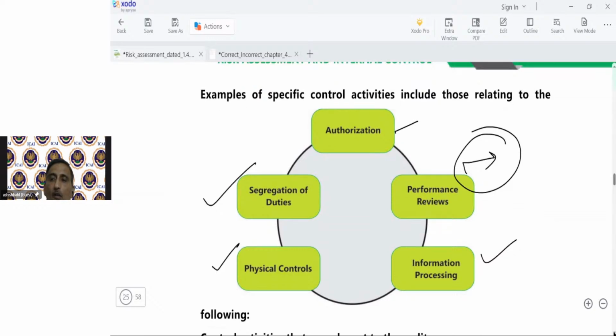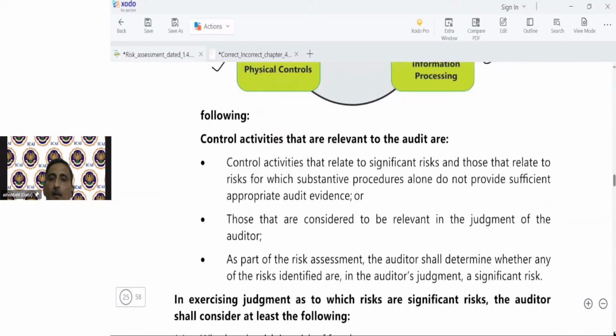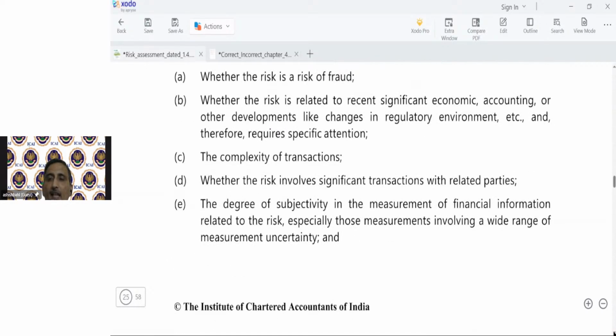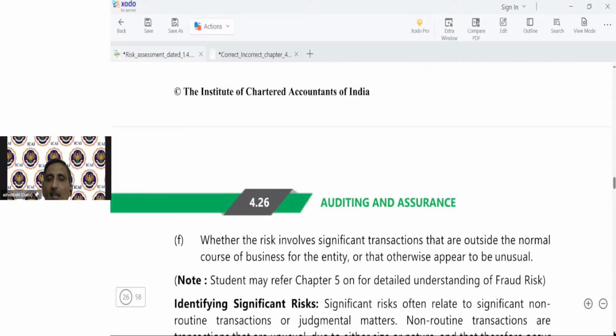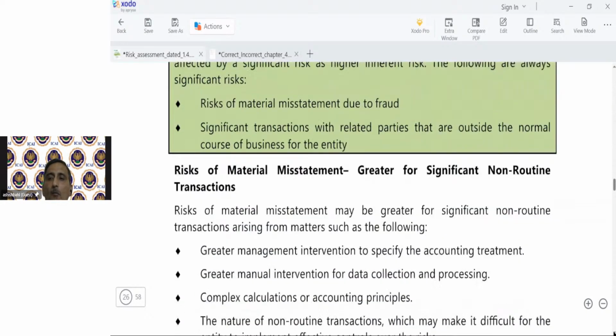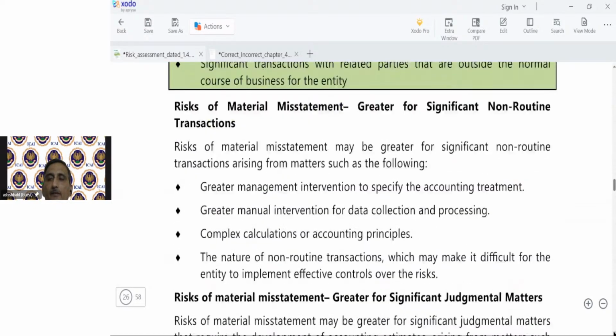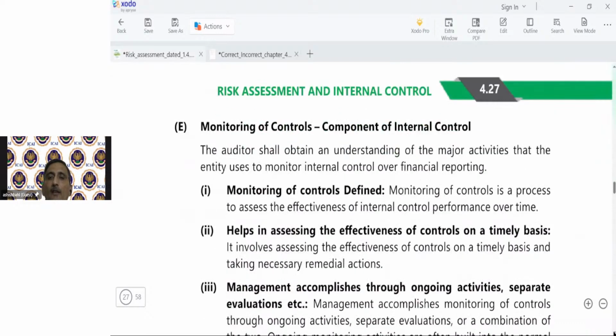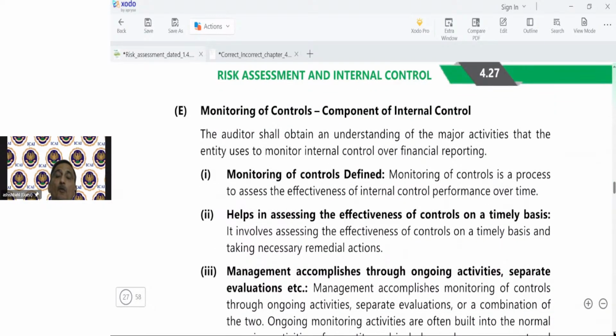So now we will first discuss monitoring of controls, then we will come to this topic of significant risks. Fifth component was monitoring of controls. So what is monitoring of control? Monitoring of control is to assess the effectiveness of internal control performance over time.